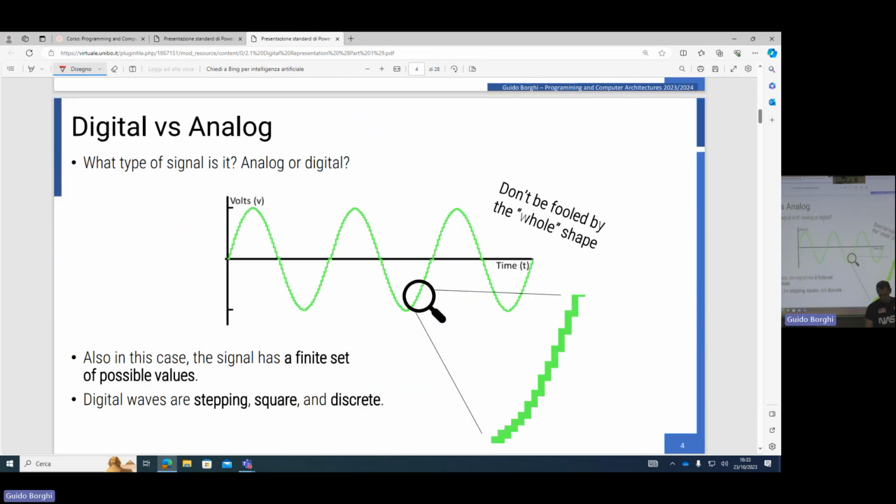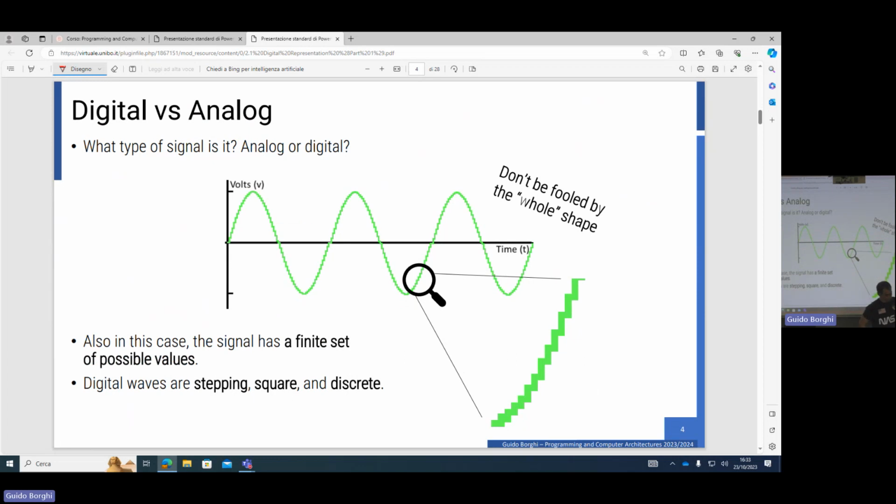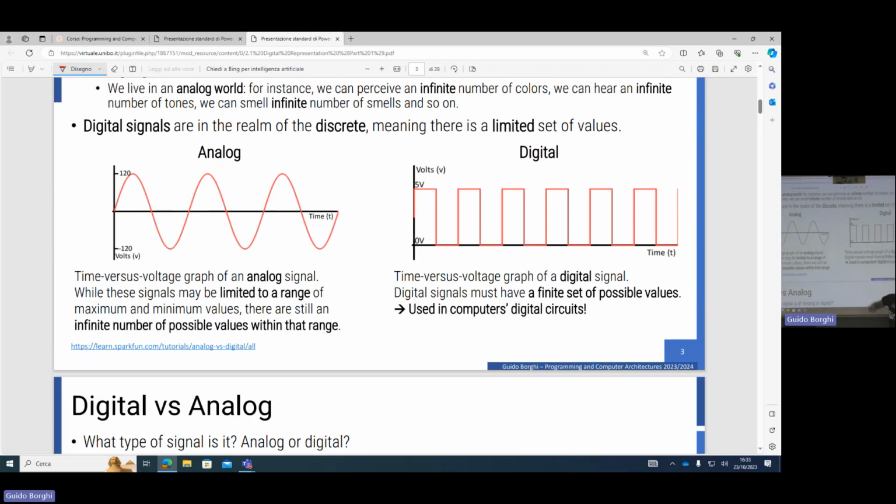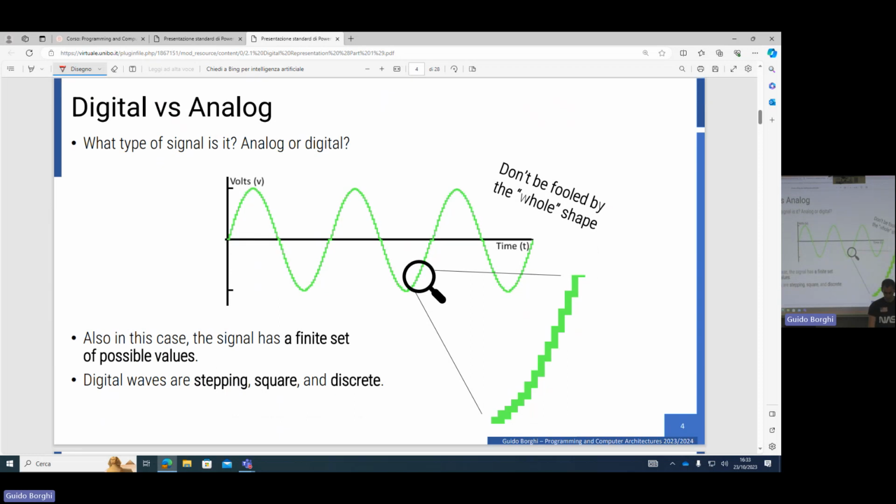This is only a slide to tell you not to be fooled by the overall shape. Maybe you can see this graph, and it recalls the shape of the previous one in the analog world. But in this case, if you zoom in, you see that these digital waves are step-like, square, and discrete.